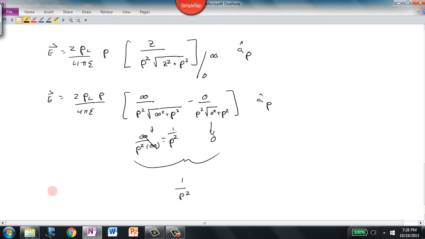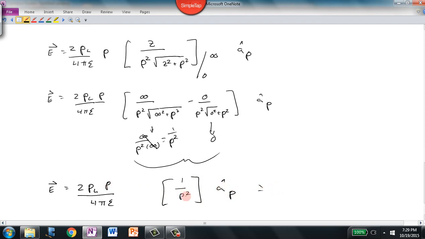So the total electric field strength, after we've done our calculus, is 2 rho sub L times rho over 4 pi epsilon times this quantity, a hat rho.